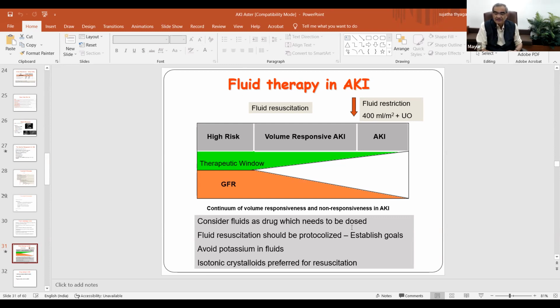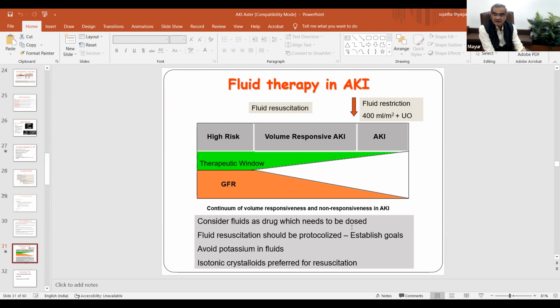We have to establish the goals, why we want to do it. And you must know when to pick up a volume responsive AKI, and differentiate it from AKI which will not be volume responsive, and in fact the general condition may get worse if you keep giving more volume in a child with oligoanuria. And isotonic crystalloids are preferred for resuscitation, except in patients who have low serum albumin to begin with, where you may want to use colloids at an early stage.